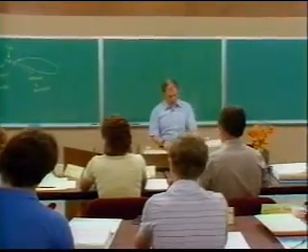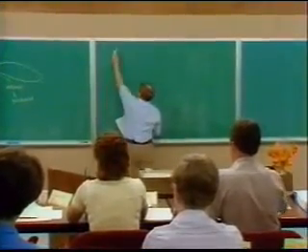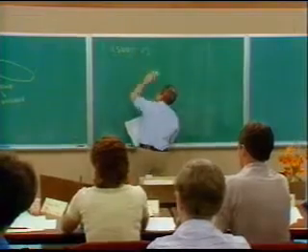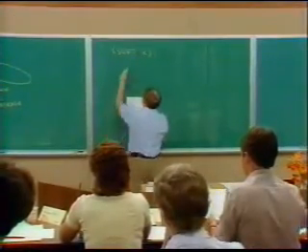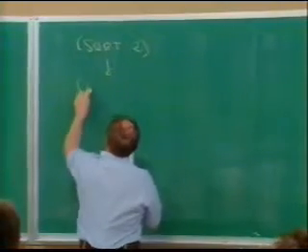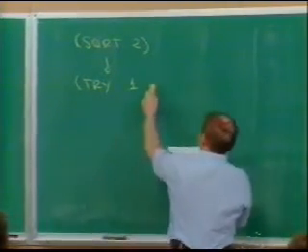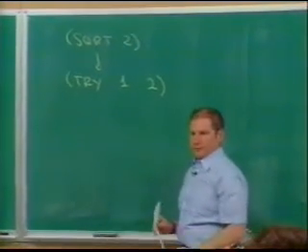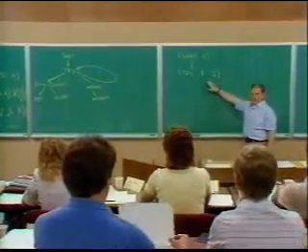We can write down what this means. Suppose I ask Lisp what the square root of 2 is. Well, what does the square root of 2 mean? That means I try 1 as a guess for the square root of 2. Now I say, gee, is 1 a good enough guess for the square root of 2?